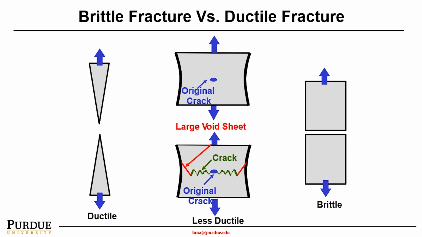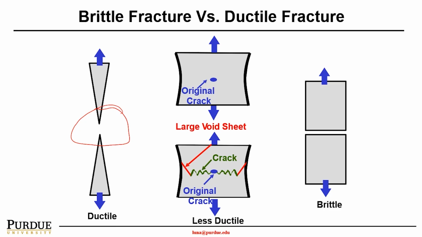So here is a schematic concept to show the difference between ductile and brittle material. For very ductile material, we can see the fracture surface become very sharp, with substantial deformation and substantial shape change.